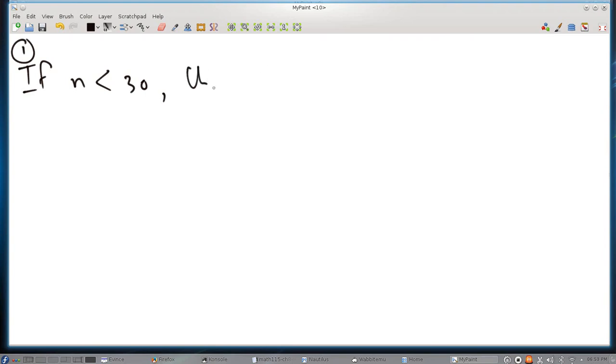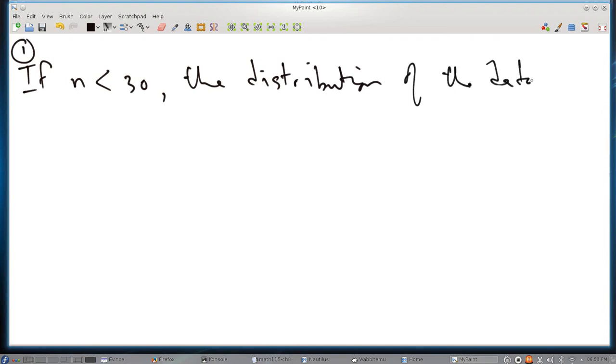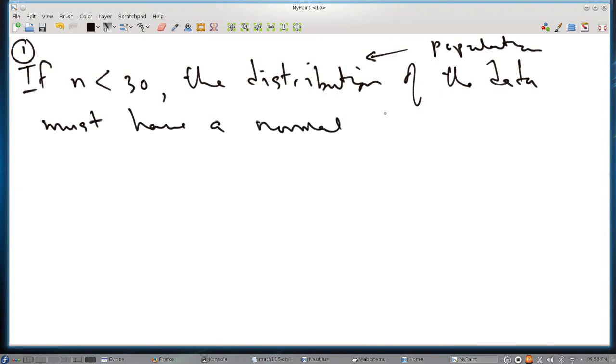If n is less than 30, the distribution of the data, and that is the distribution of the population, to be exact, must have a normal distribution.